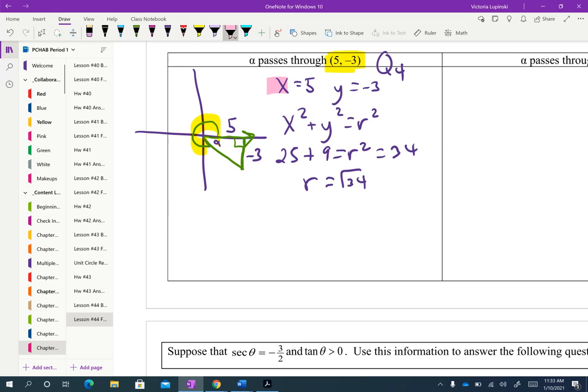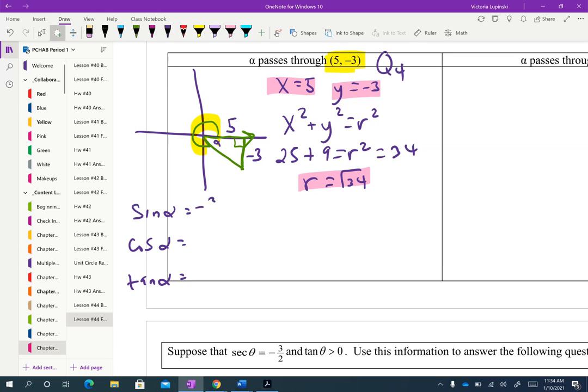So once you have the x, the y, and the r, all they're asking you to do now is calculate the 6 ratios. So I'm going to find the sine of alpha, the cosine of alpha, and the tangent of alpha. If you need to refresh yourself on the ratios, remember that they're above, or you can try to see if you can remember them. So the sine ratio is the y over the r.